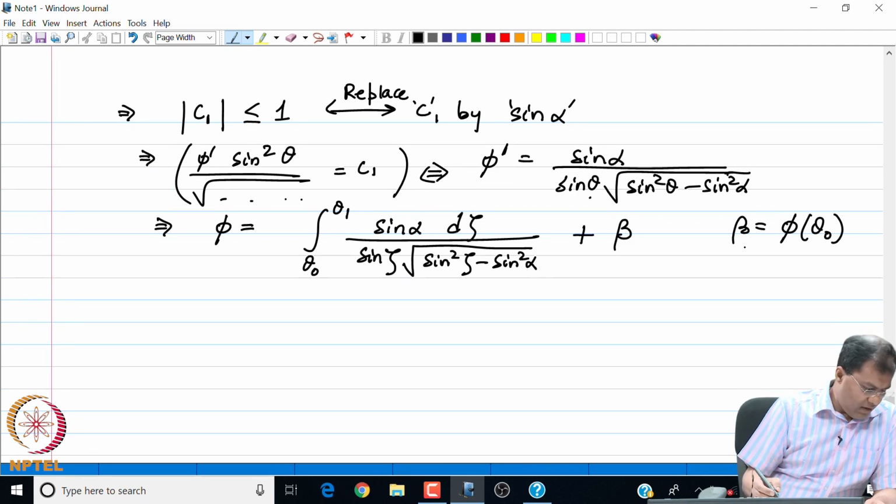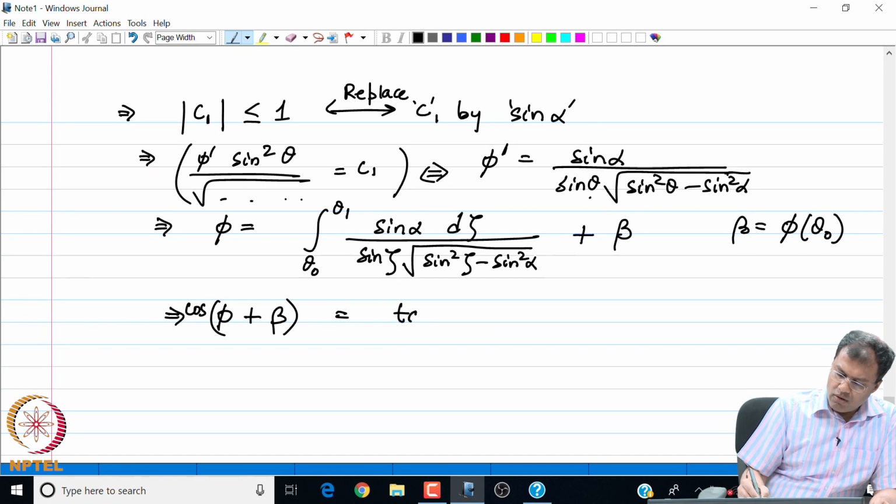Once we integrate, I am not going to go through all the steps of the integration, because that is part of what students who have done multivariate calculus know, but let me write down the final answer. After integrating, taking beta to the other side, phi plus beta, the cos of this angle, is equal to tan alpha divided by tan theta.